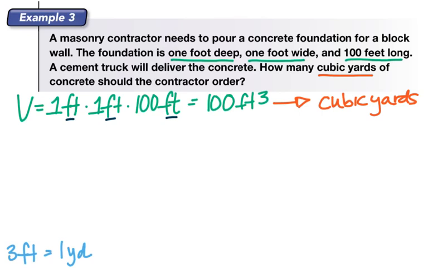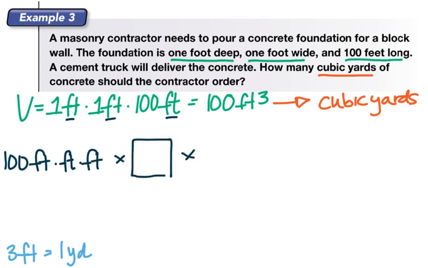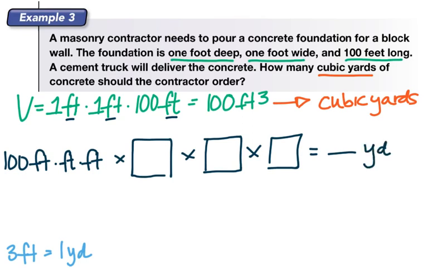So I have to set up my problem. I'm going to have 100 feet times feet times feet, and that's going to be multiplied by 1 unit multiplier, a second unit multiplier, and a 3rd unit multiplier to give me my yards.